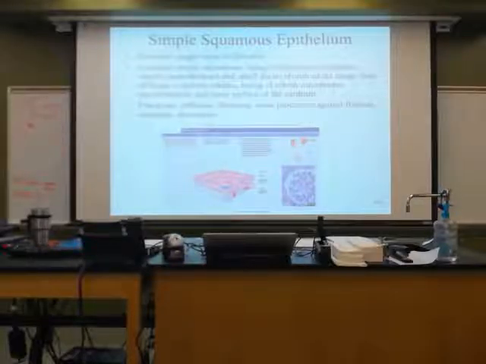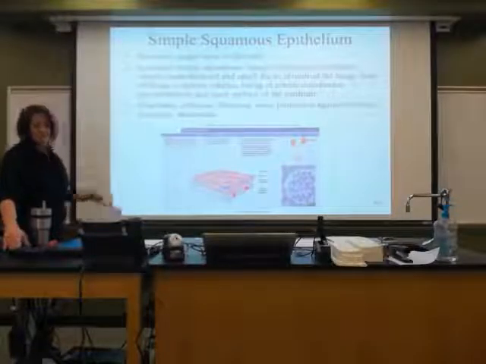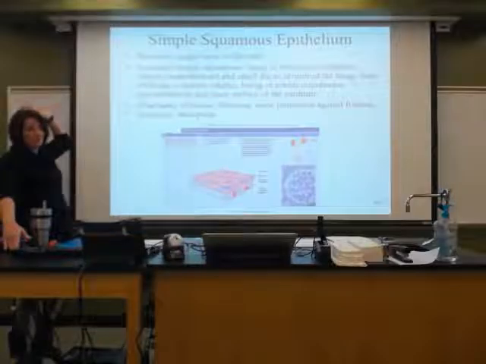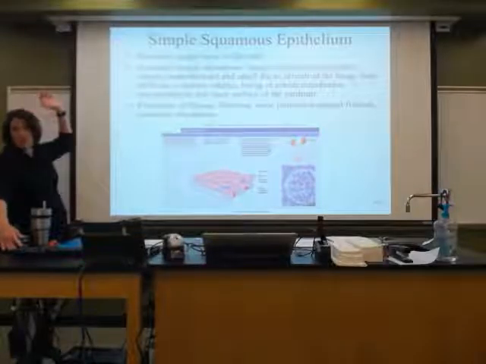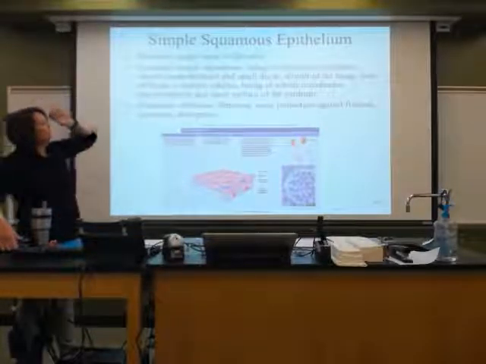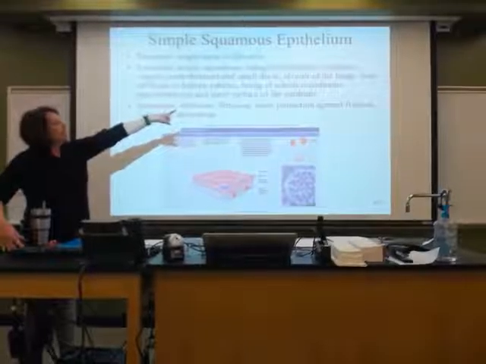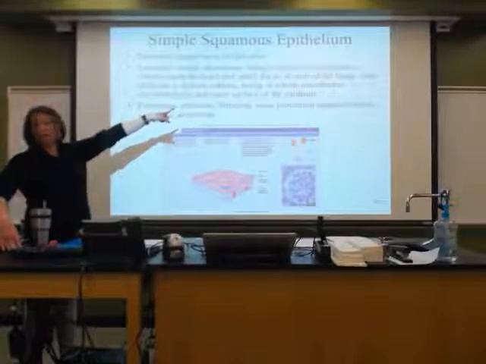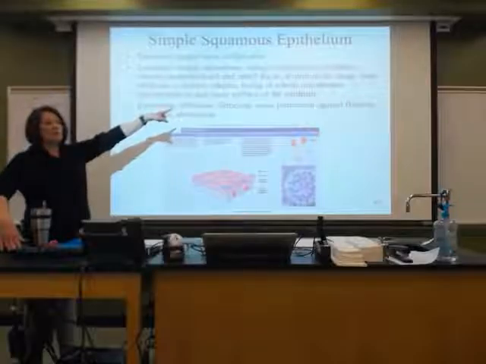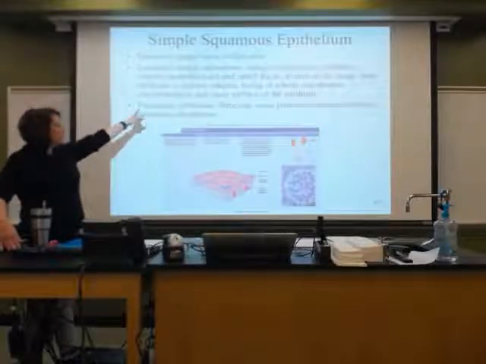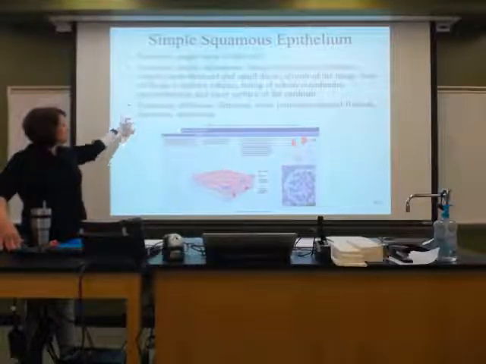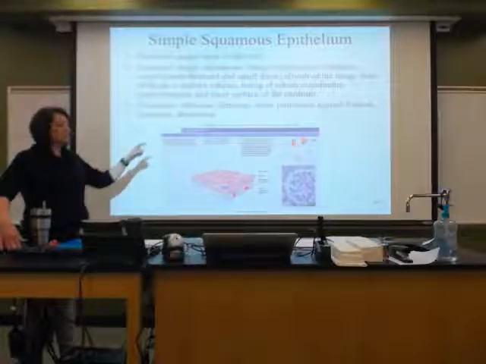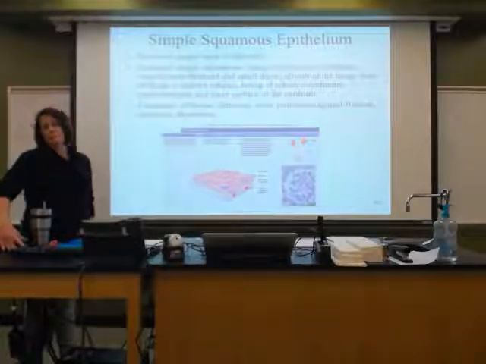So it is definitely helping protect against stuff that can try to get in, stuff that's trying to get out, okay? And then when we begin to look at areas where it's on the inner parts of the body, like the alveoli of the lungs, this is where diffusion and filtration, secretion, absorption, all of that's going to become very important.